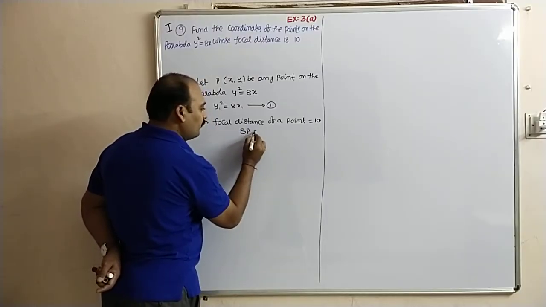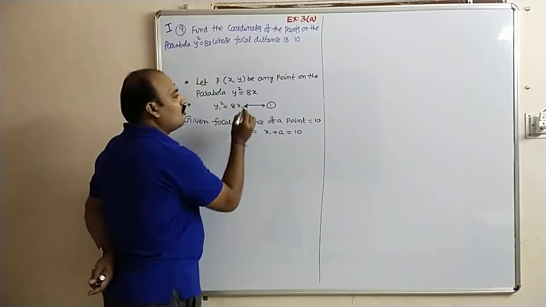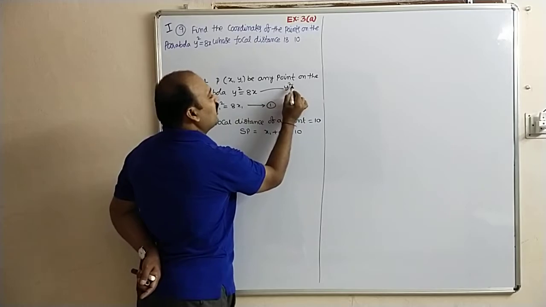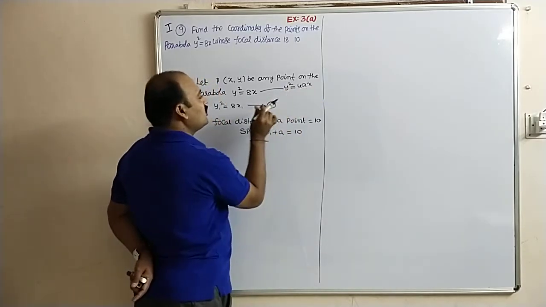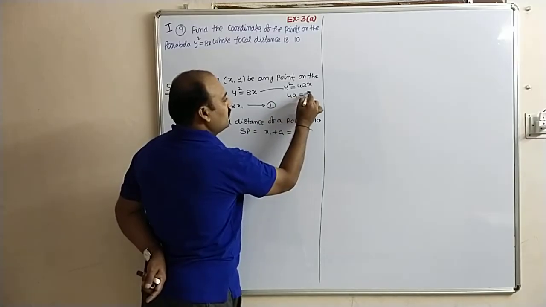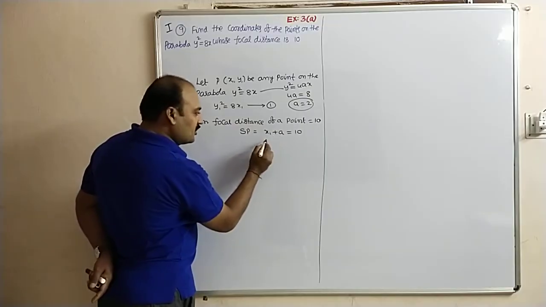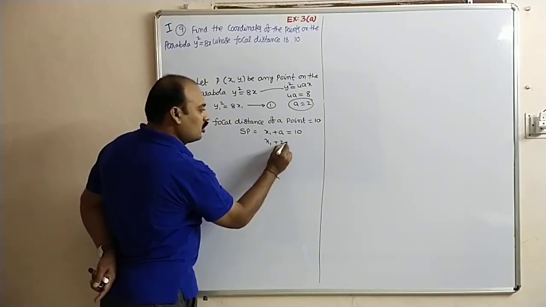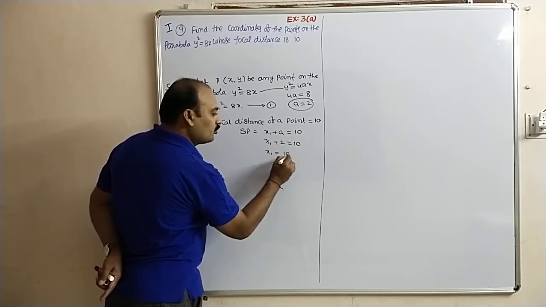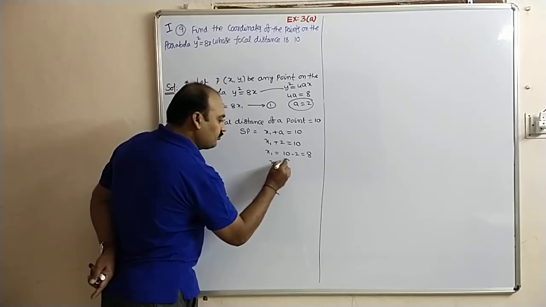SP equal to x1 plus a is equal to 10. This equation of parabola you have to compare with y square equal to 4ax. So here x coefficient is 8, there x coefficient is 4a. 4a is equal to 8, a is equal to 2. Substitute in this: x1 plus 2 equal to 10, x1 is equal to 10 minus 2, x1 is equal to 8.